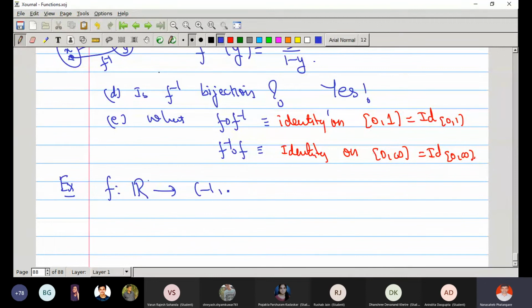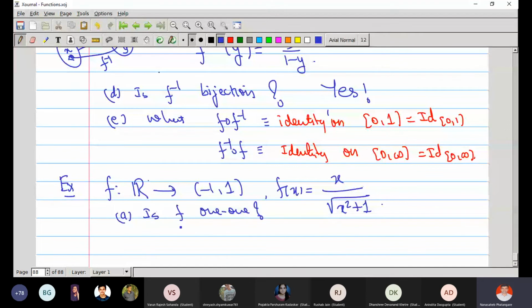This function we have already discussed, right? Is f one-one? Is f onto? You should find answers to these questions. We have already discussed this function in some previous session, correct?